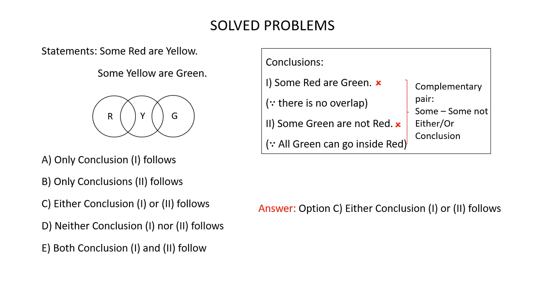Now that you know conclusion 1 and conclusion 2 are complementary pair of the type some not, it means that this is a case of either or conclusion. So the correct answer is option C, either conclusion 1 or conclusion 2 follows.